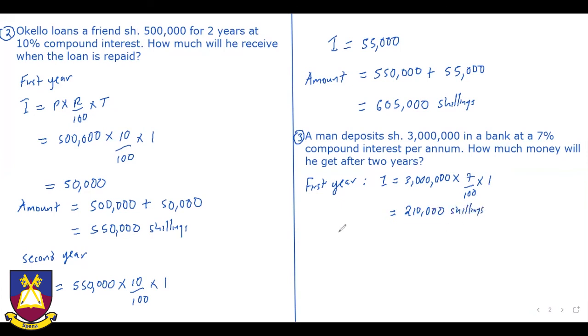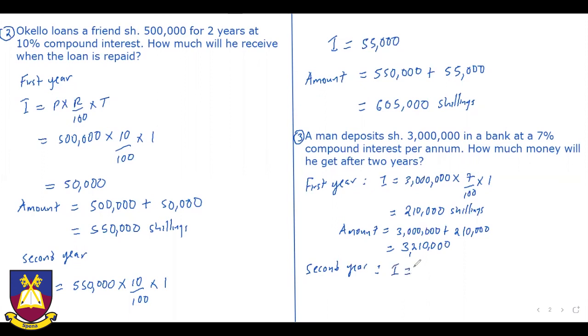So the amount after the first year will be the 3 million, that's the principal, plus the interest, 210,000, that gives us 3,210,000. Then second year, we shall have the interest still.